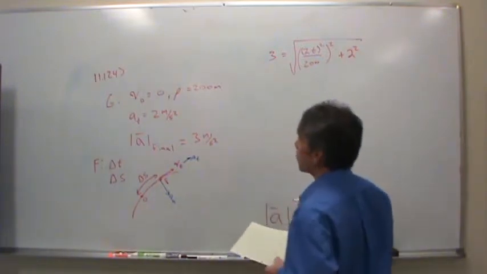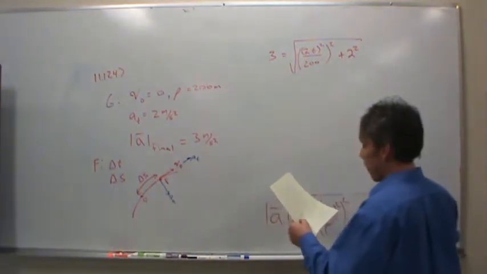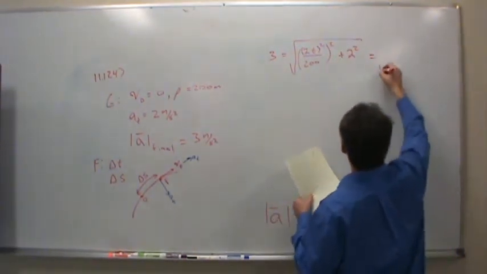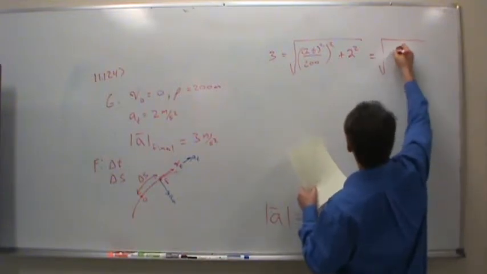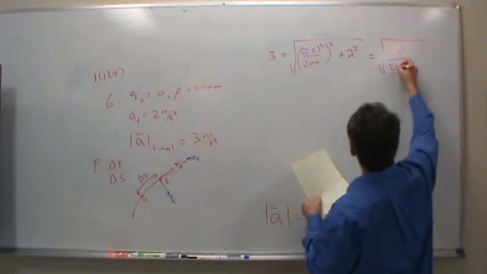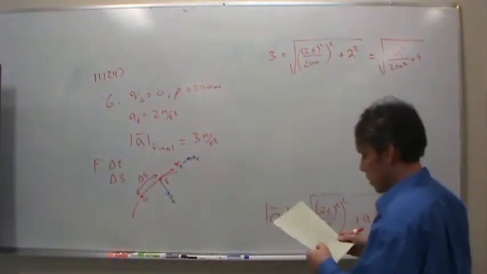Plus 2 squared, because we know that the tangential acceleration is just 2 meters per second squared. So putting some of the numbers together, this is the square root of 16t to the 4th divided by 200 squared, plus 2 times 2 is 4, so let's just simplify that.